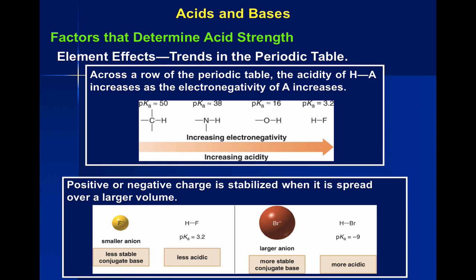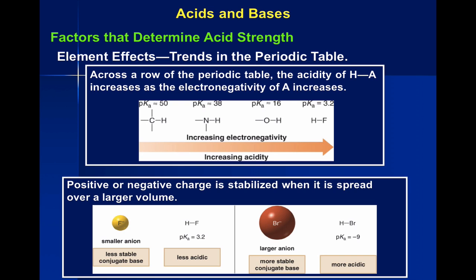We know that as we go in a period from left to right, the acidity increases. We know that methane is less acidic than ammonia, which is less acidic than water, which is less acidic than HF. We know that at this point simply because that's what you were taught in gen chem or high school chemistry. We also know the periodic trend within a family, that as we go down the family, the acidity increases.